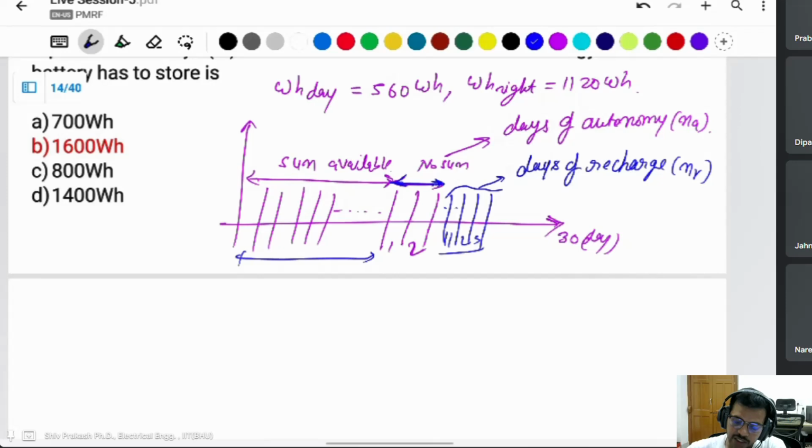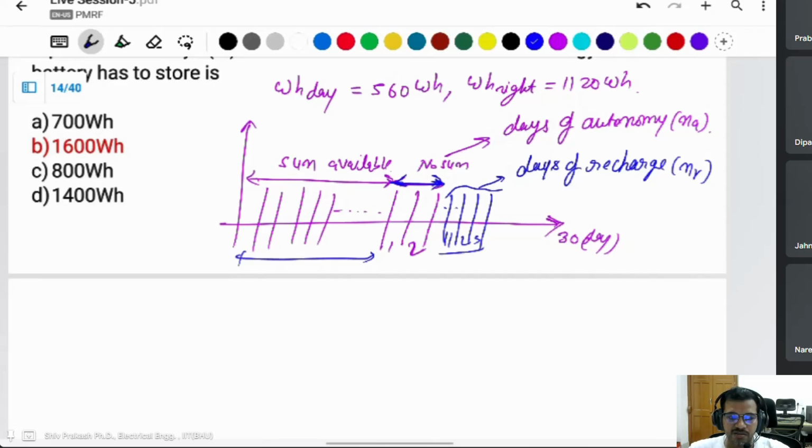But if you consider a large number of days, like 4 days or 10 days, then you require a high energy battery, a big battery, to provide the whole 10 days of supply, and that is also costly.